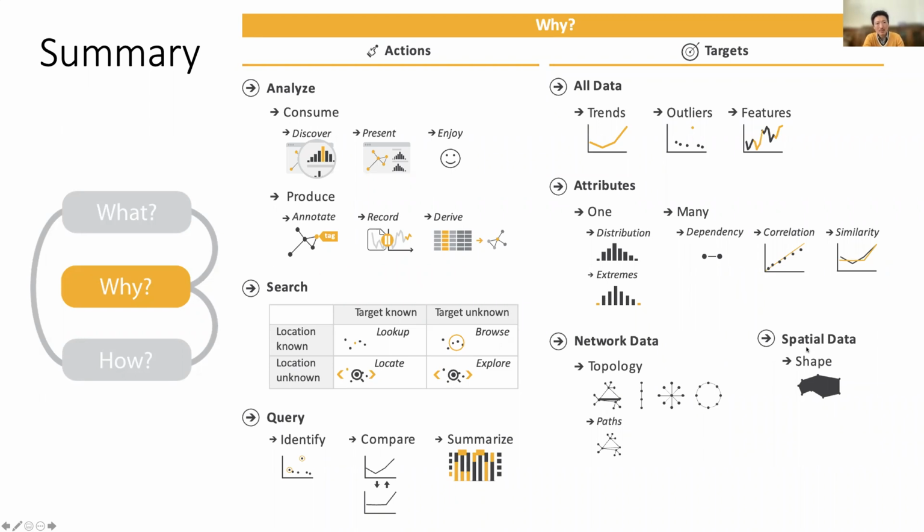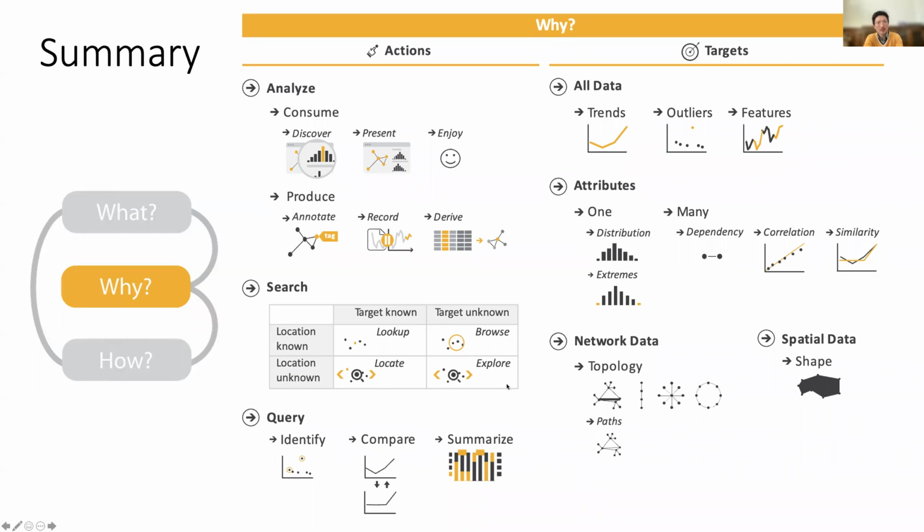And okay, just before we finish this part, I want to emphasize again, later on, when you need to identify the actions or targets from a data analysis task or the validation you need to design for, you need to use these terms not as English words, but as specific terms defined in the context of this why framework. So an explore means a search, not knowing target and not knowing location.